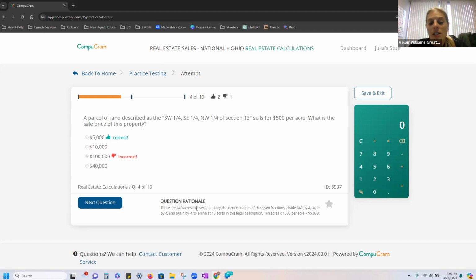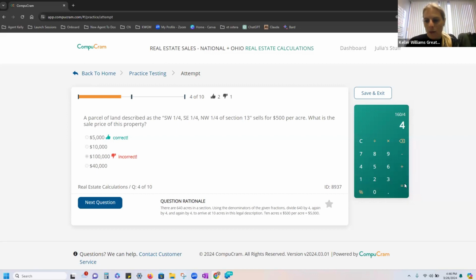Okay, so there are 640 acres in a section. Then, using the denominators of the given fraction, divide 640 by 4, then divide that by 4, and then divide it by 4 one more time.